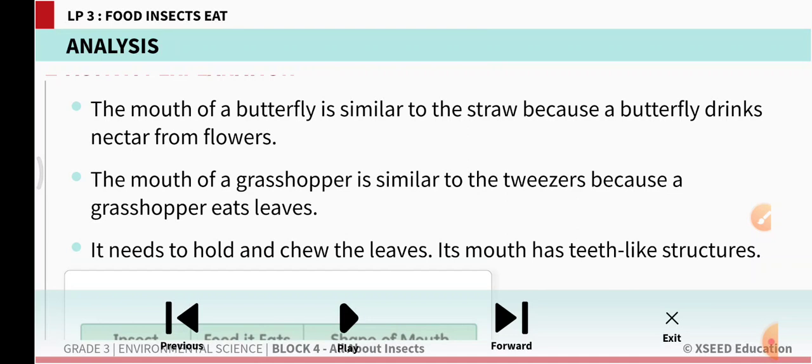So let me make it very clear for you. Butterfly has a straw-like mouth, so it uses it to drink the nectar from the flowers. Grasshopper has a tweezers kind of mouth, so it uses its mouth to eat leaves. It needs to hold and chew the leaves. Its mouth has teeth-like structures, right?